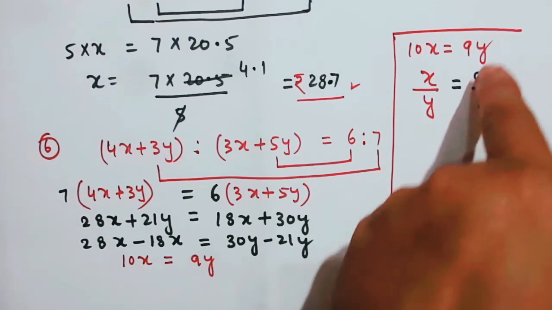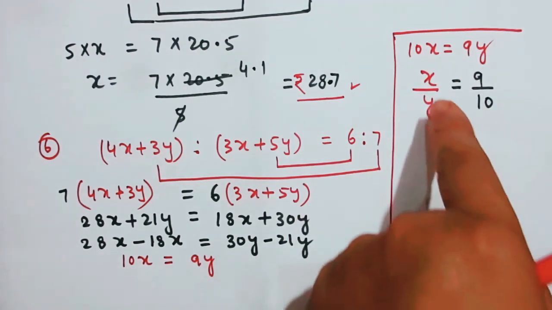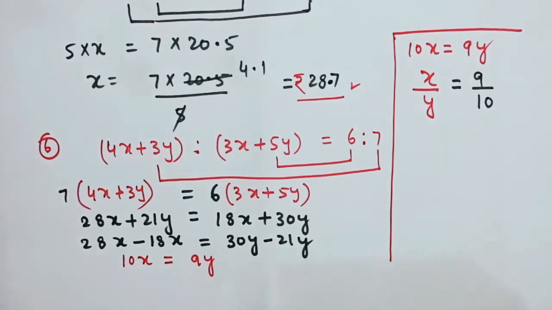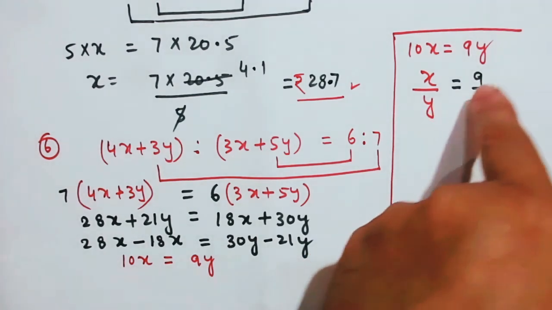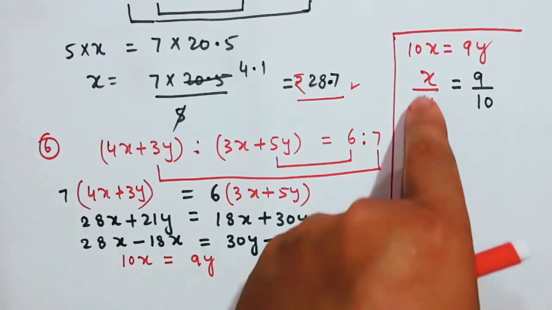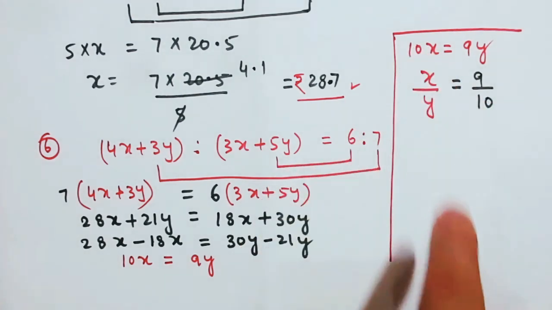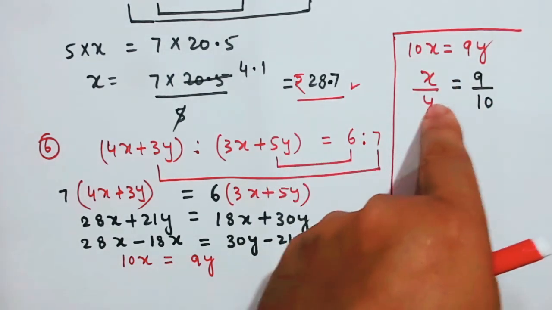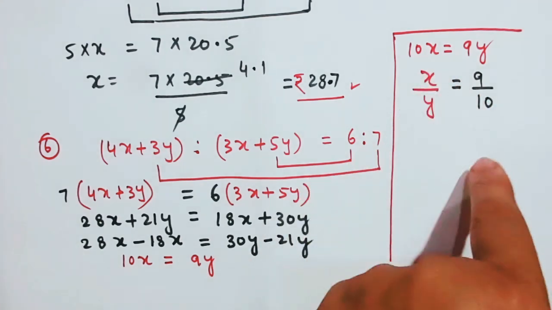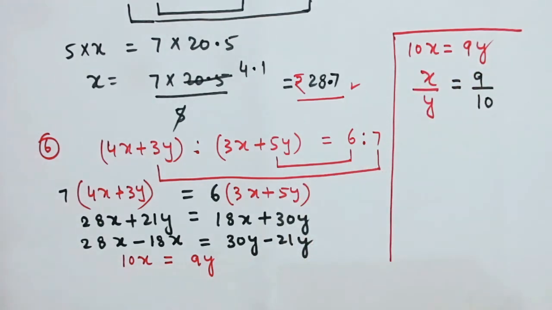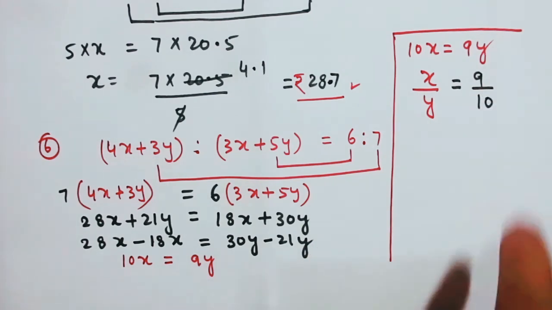Can you please cross multiply? When you cross multiply, you will find that y into 9 is equal to 9y and x into 10 is equal to 10x. So by cross multiplication, you can see that the value you have put is correct.